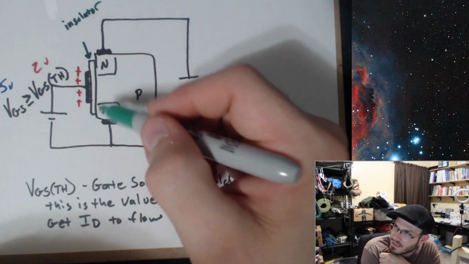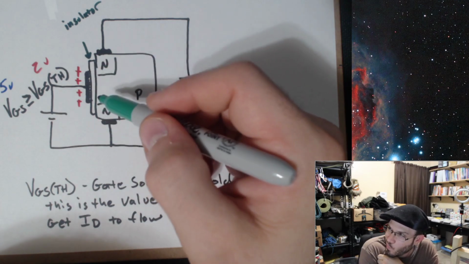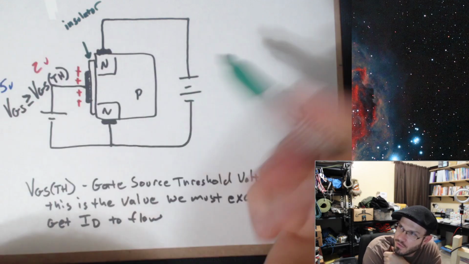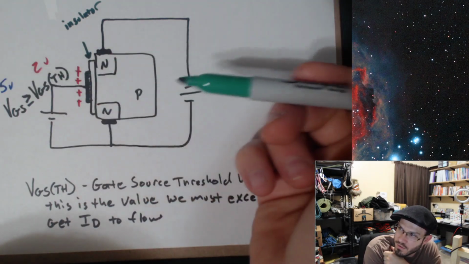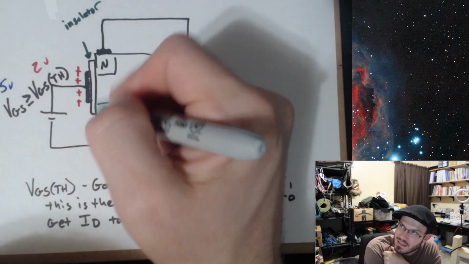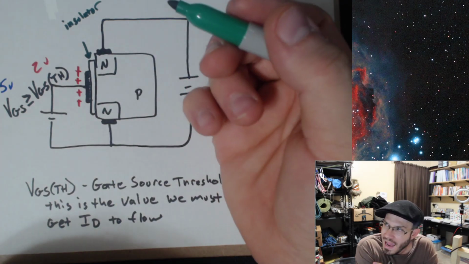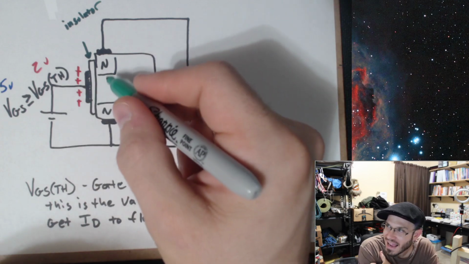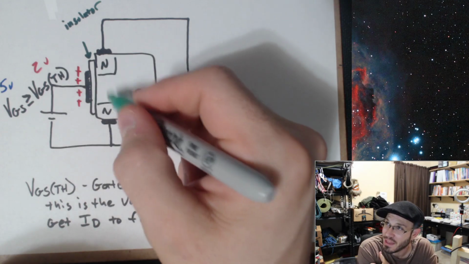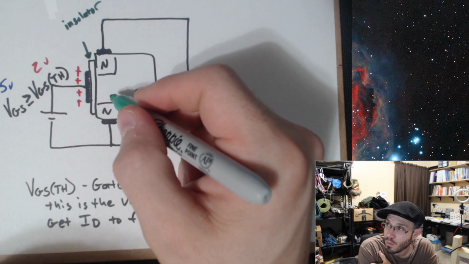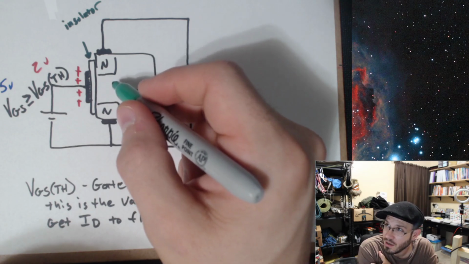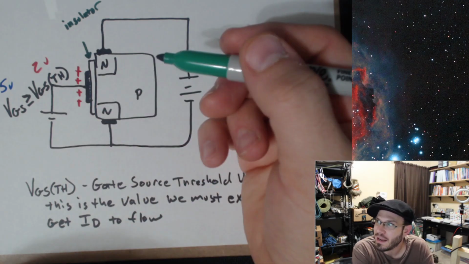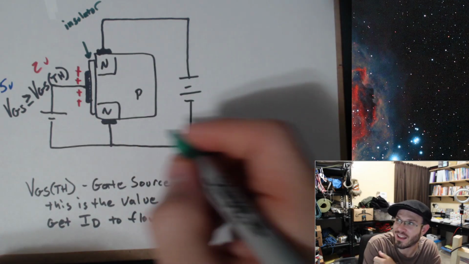This metal oxide is not going to allow any current to flow into the device or out of the device, right? Because it's an insulator. But wait, I have a conductor on the left side. Oh, but wait, I also have a semiconductor on the other side. So I have a conductor and I have a conductor, and I have them separated by an insulator. Look what I got. I got a capacitor.